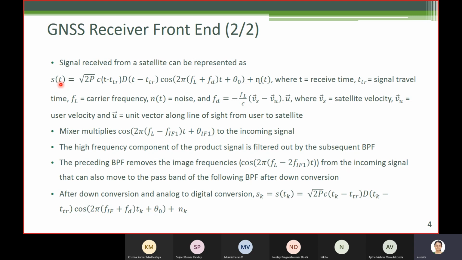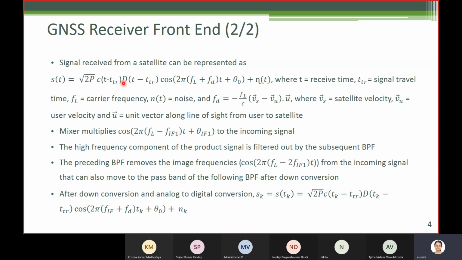In the earlier mathematical model, t was the time of transmission, the time at which the signal started from the satellite. But at this point, t is the time of reception, the time at which the signal is received by the receiver. Then P is the power. P is the received power now, which is not the same as the transmitted power.